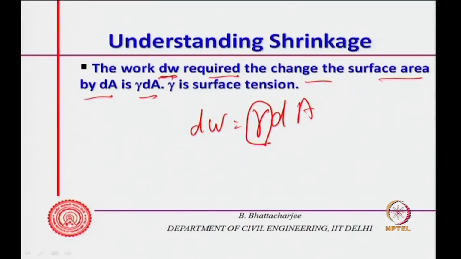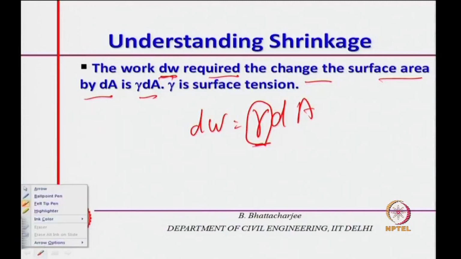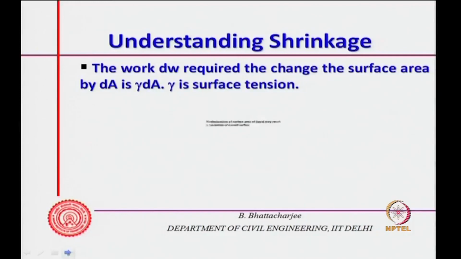This is the work required to change the surface area, because the liquid has a tendency to attain a minimum surface area. If you want to increase it, you have to do work, and the constant of proportionality is gamma. So, the energy required per unit area is the surface tension.